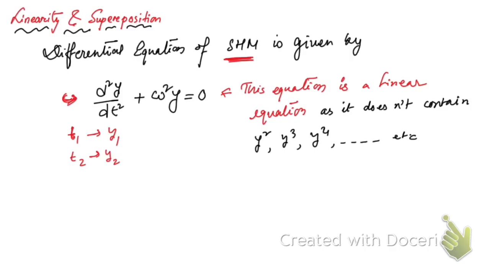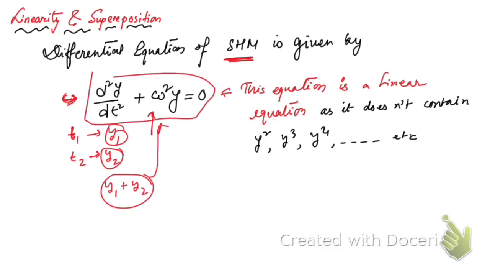If these two are solutions of this equation, and their sum is also a solution of this equation, then this equation is said to be a linear homogeneous equation.